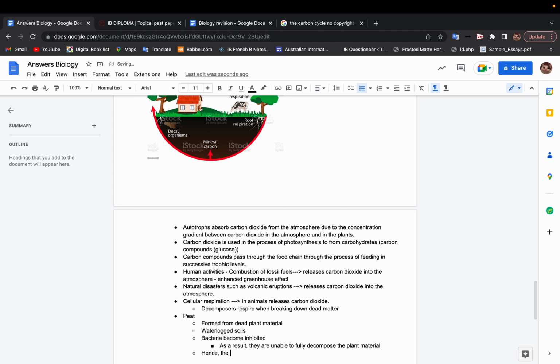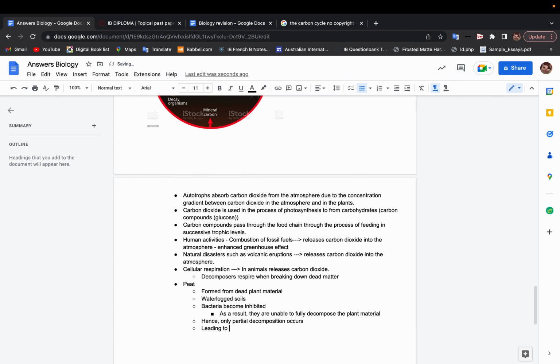So hence, only partial decomposition occurs, leading to formation of peat. This formation of peat is a very slow process. Over time, with heat and pressure, it's converted to coal, which is a store of carbon.